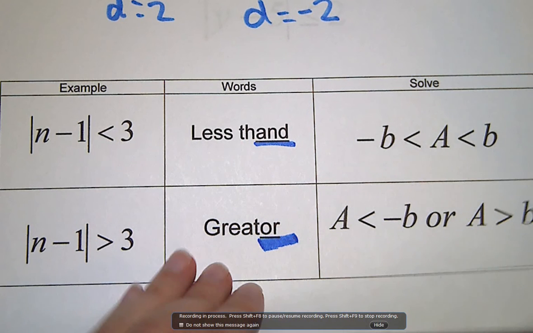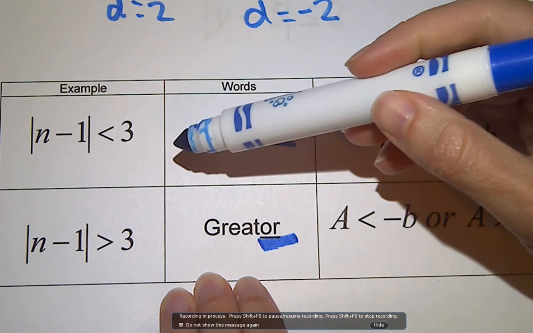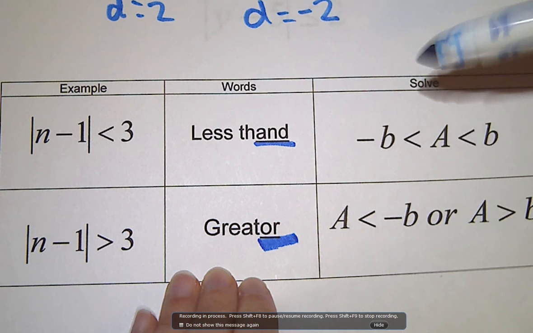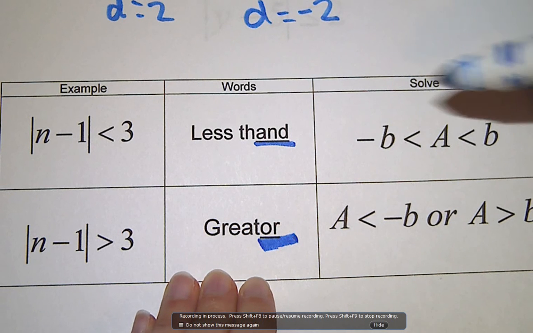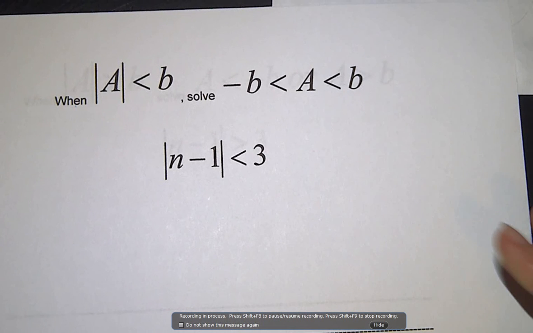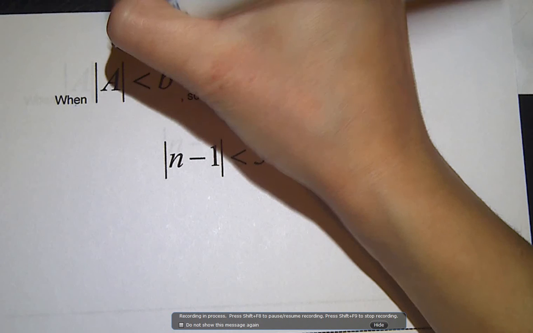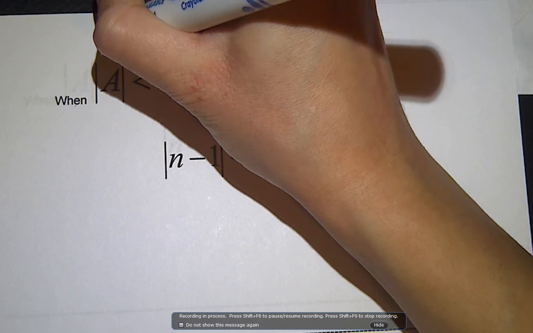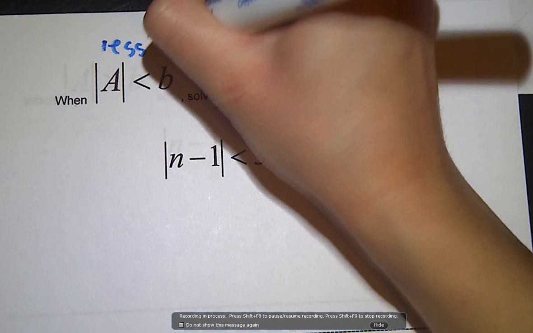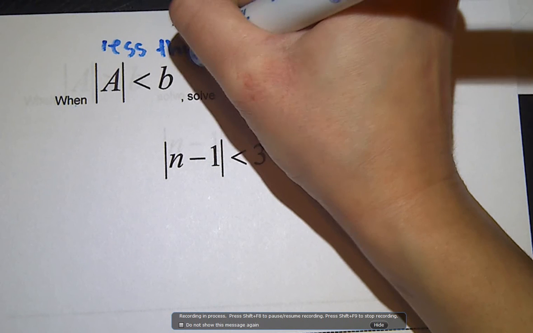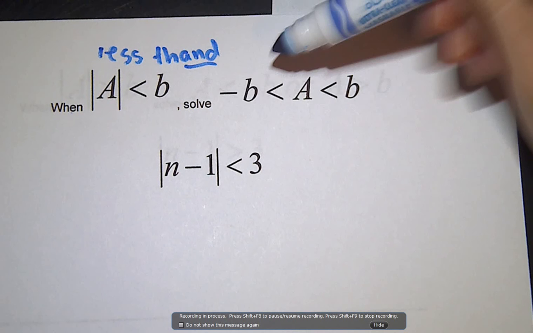So we're going to do the less than first, which means we're going to solve it using this compound inequality right here. So the rule is, and I want you to write down this rule, when the absolute value of A is less than B, I'm going to write that above here, less than, you're going to solve this compound inequality.